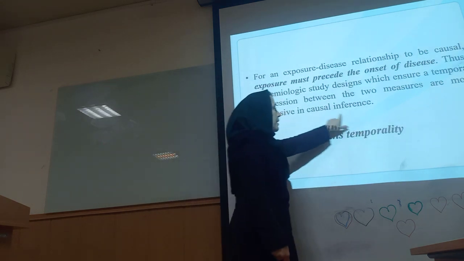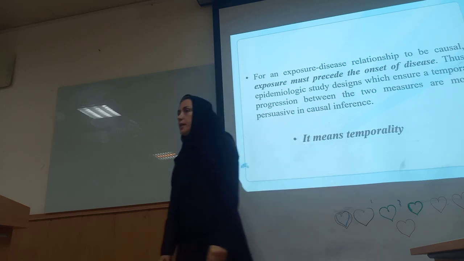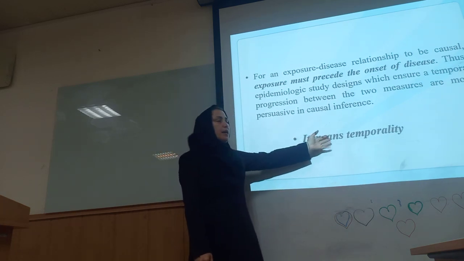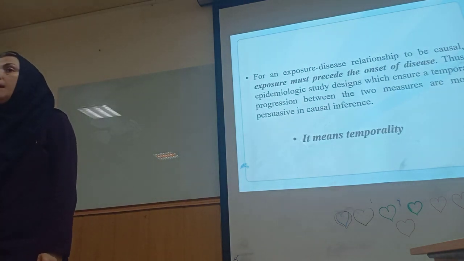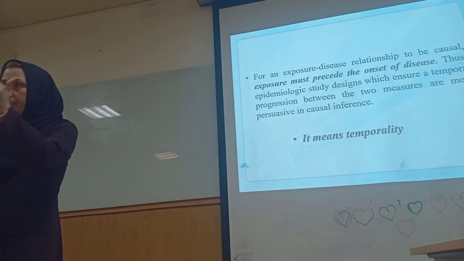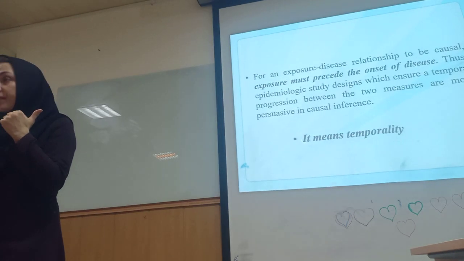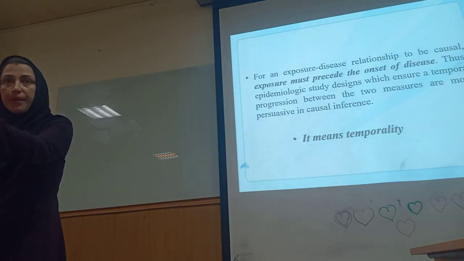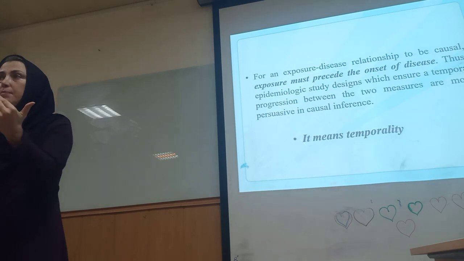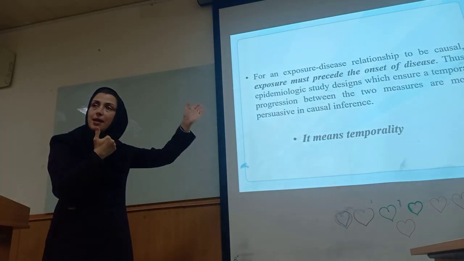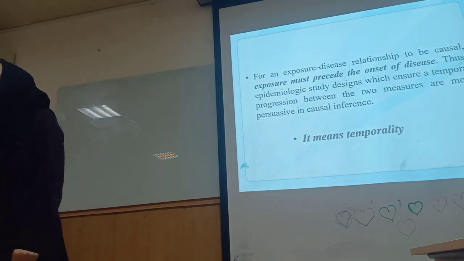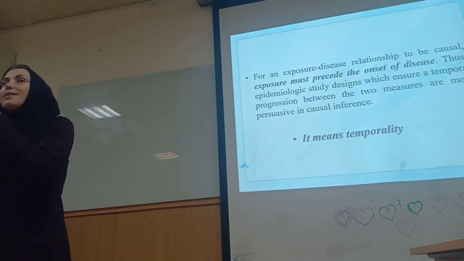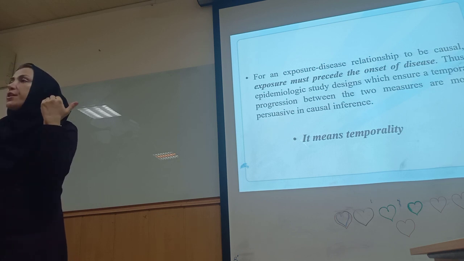Okay, it means temporality. I told you the meaning of temporality in the previous session. Temporality is the priority of risk factor compared to disease. It means that in these types of studies, we make certain that the risk factor happened before disease.